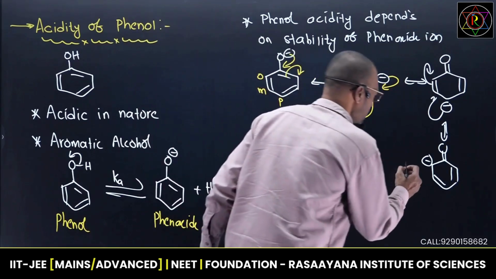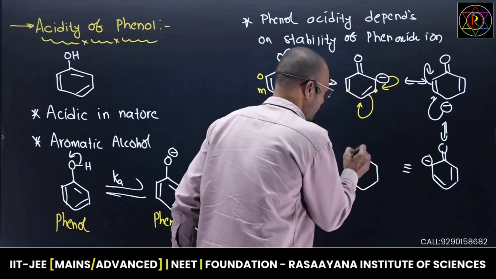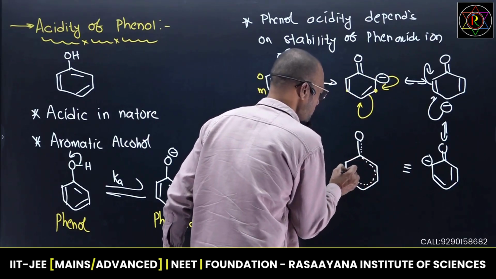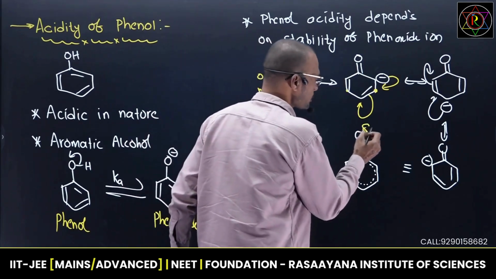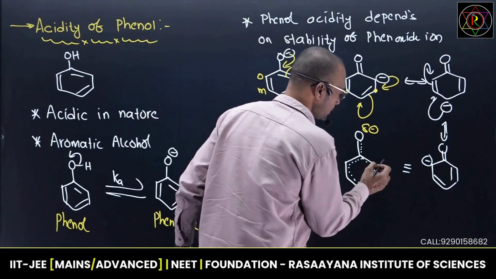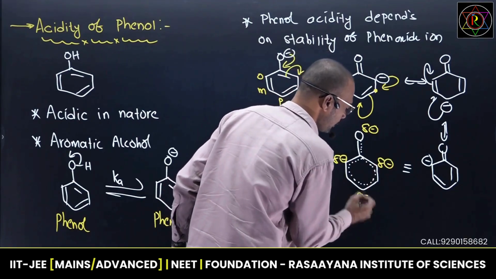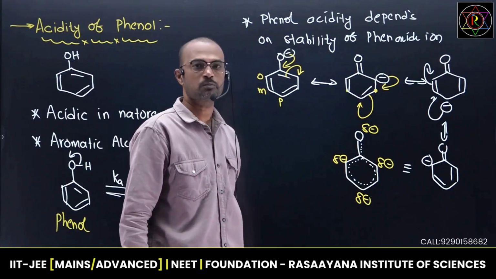So the excess electron density on benzene is distributed like this. One negative charge keeps on delocalizing within the molecule. That excess electron density, initially present on oxygen, is then present on the ortho, the other ortho, and the para position.